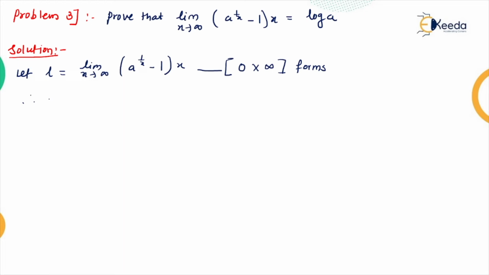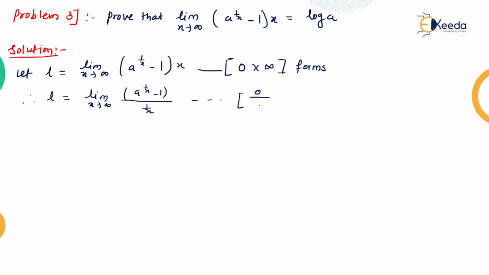So this limit L can be written in this way: limit as x tends to infinity of (a raised to 1 by x minus 1), and this x can be written as 1 upon x in the denominator. Now observe which form this is. It is converted into 0 by 0 form, because when we substitute x as infinity, the numerator a raised to 1 by infinity minus 1 becomes 0, and the denominator 1 upon infinity is also 0.